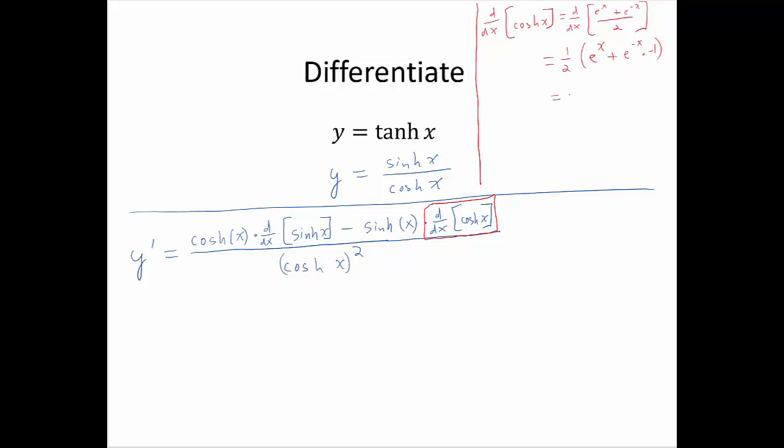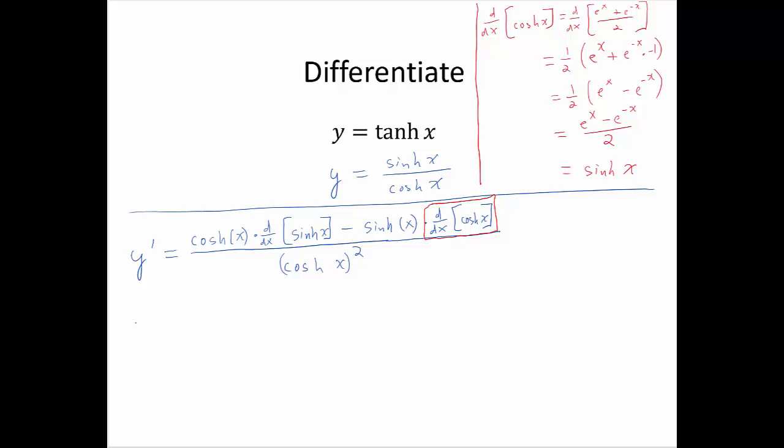And so that would be 1/2, I'd have an e to the x minus e to the negative x. And so that's e to the x minus e to the negative x over 2, which is the definition of the hyperbolic sine. So be careful, the derivative of the hyperbolic cosine is exactly the hyperbolic sine. There is no negative involved, like there was for the traditional trigonometry.